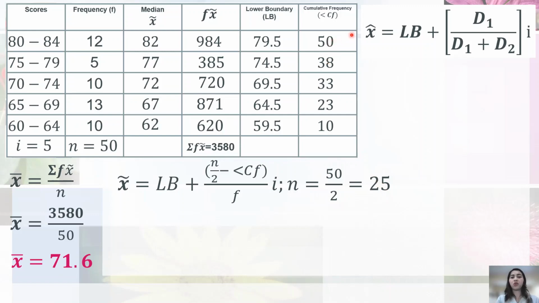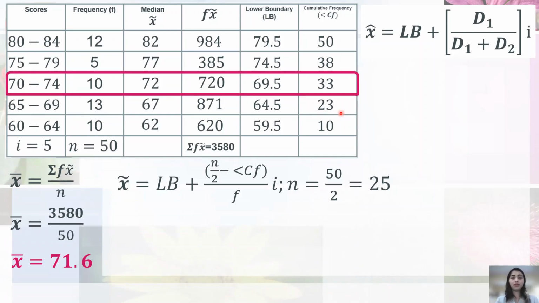Here we will focus on the less than cumulative frequency. Let us take a look if there is a value of 25. If there is no 25, you will look for a number that is near it. The number near 25 is 23, but the problem here is that 23 is lacking. So, we always focus on the one that exceeds, the lumampas. We will not use the one that is lacking.